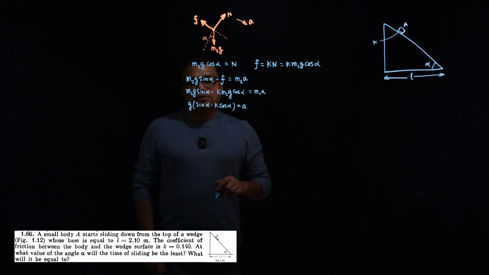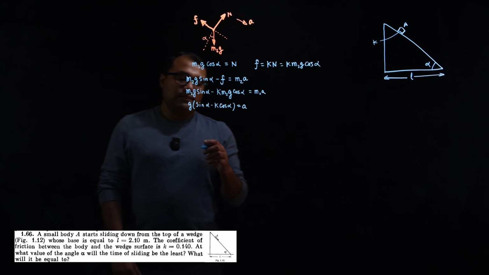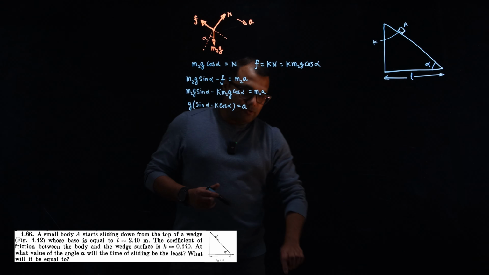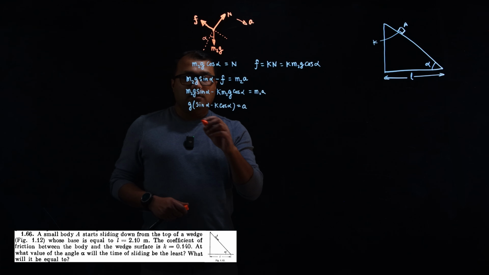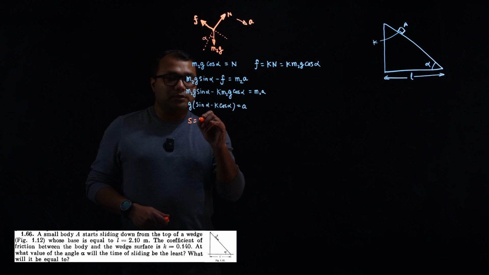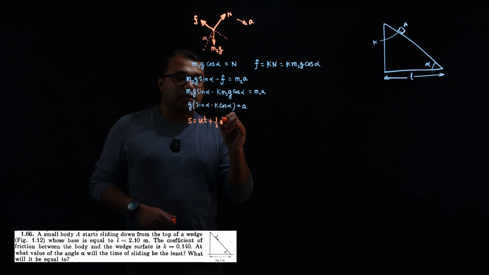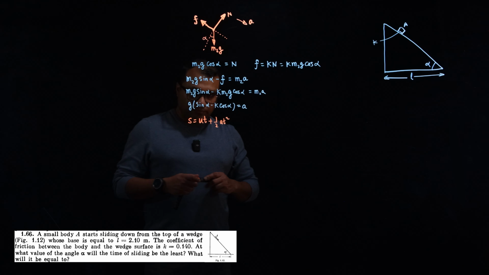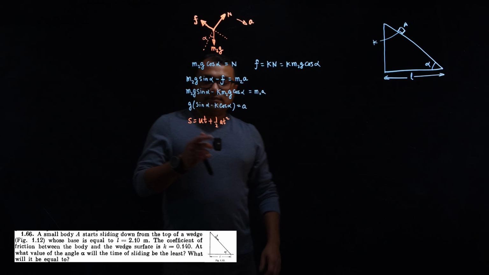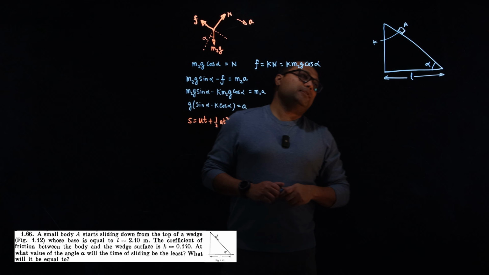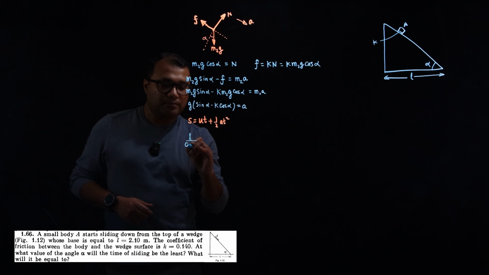So for constant acceleration cases, we can use the formula S equals ut plus half at square. So S is this distance, which is L by cos alpha.